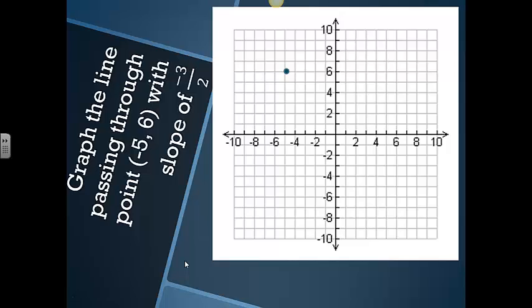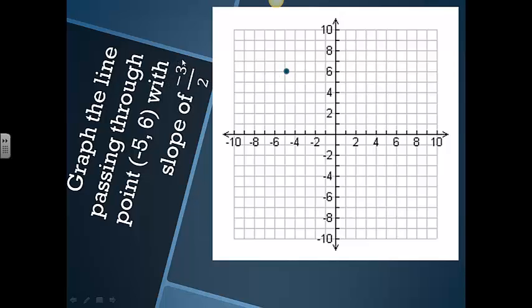Okay? All right. So we can also graph lines that pass through a point given the slope. So we can take a line and graph it if we are given the slope and a point, an ordered pair. So here we're given that this line passes through the point negative 5, 6. So I start at the origin and I move to the left 5 because it's negative, and then I need to go up 6. And then I have a slope of negative 3 over 2.